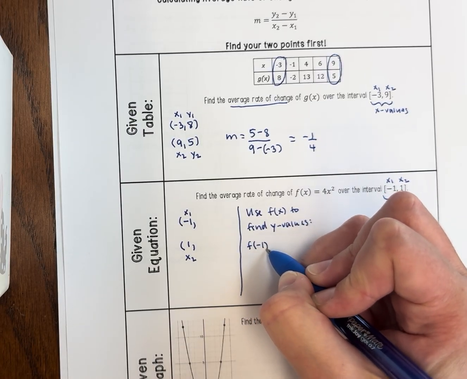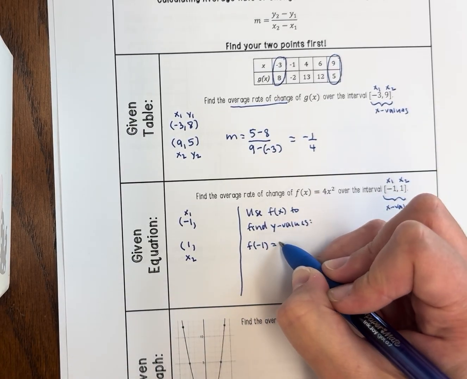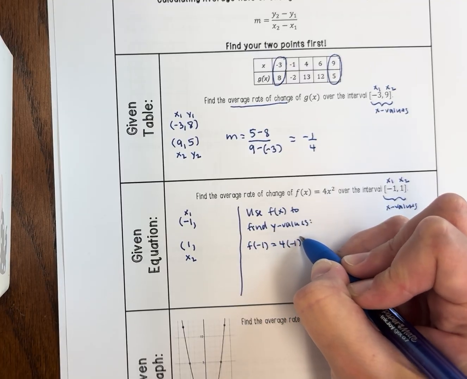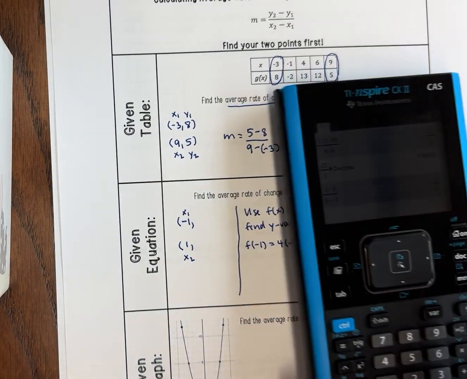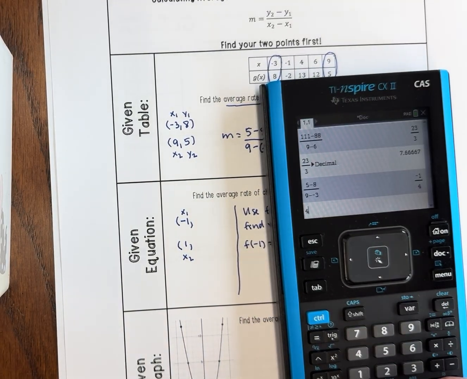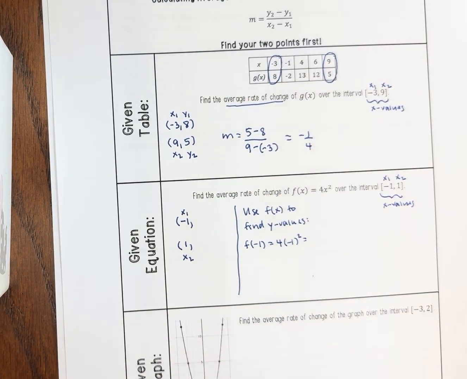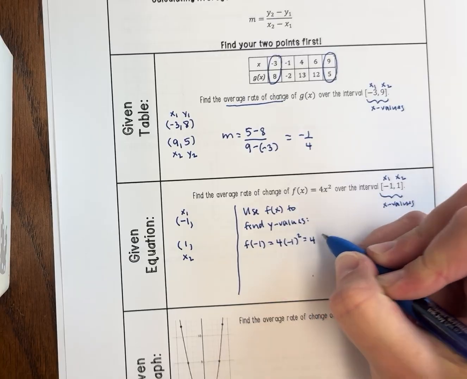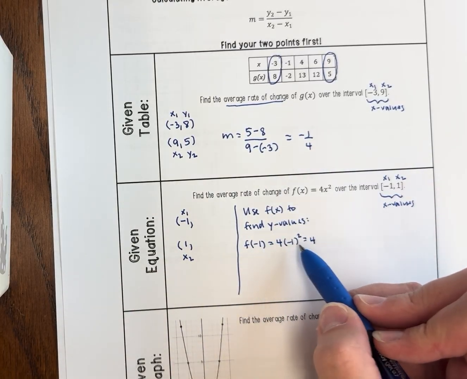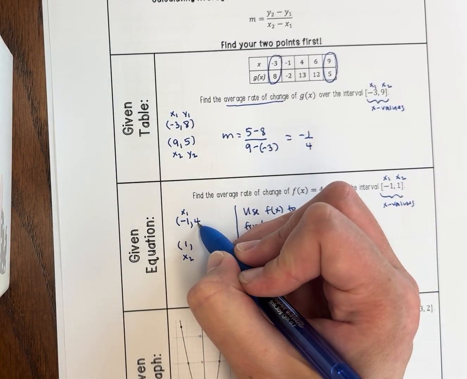So f of -1 would mean that I'm going to plug in -1 right here. 4 times -1 squared. So that's 4. So that means I have an x value of -1 and a y value of 4.